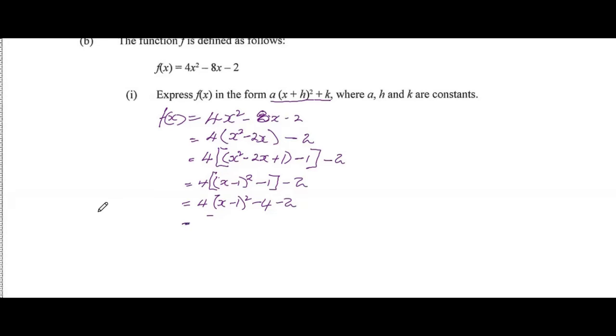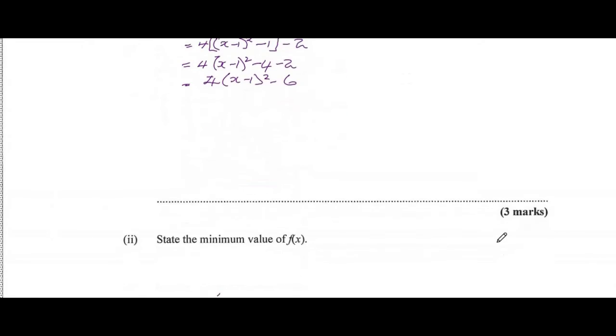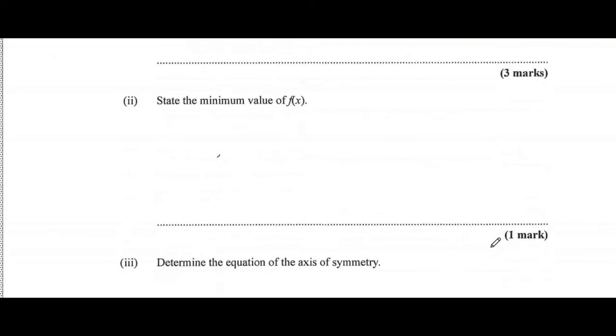So this reduces to 4 into x minus 1 all squared minus 6, which is in the form of a into x plus h all squared plus k. So we have satisfied the criteria of the problem. Now they said to state the minimum value of f of x.